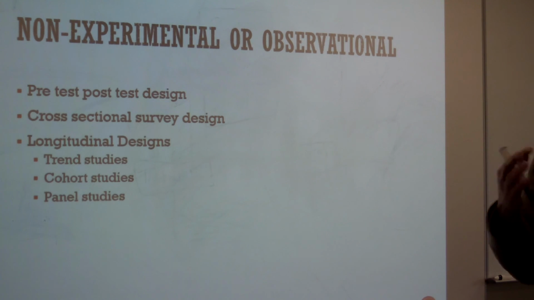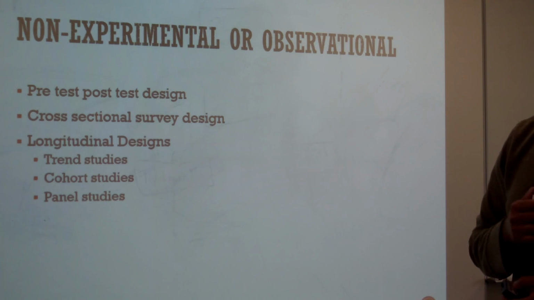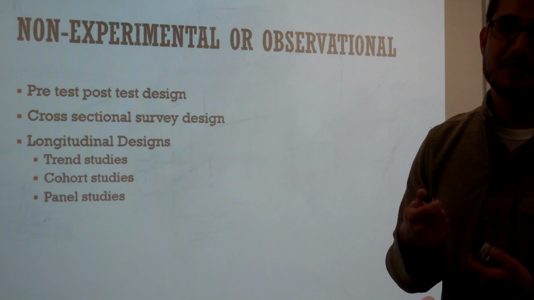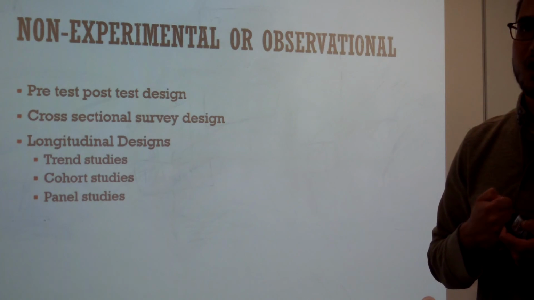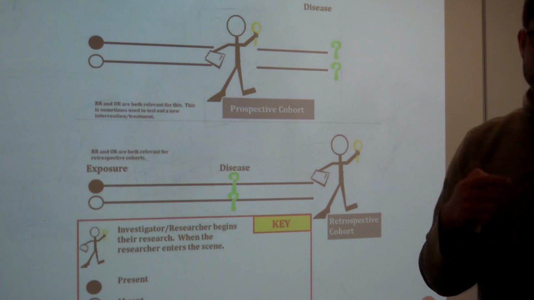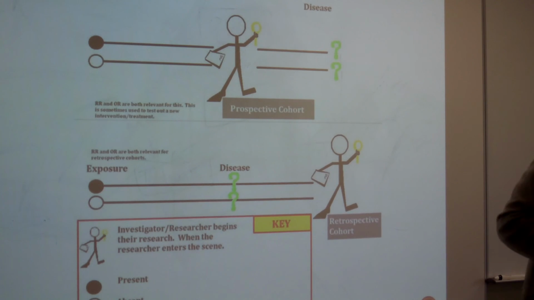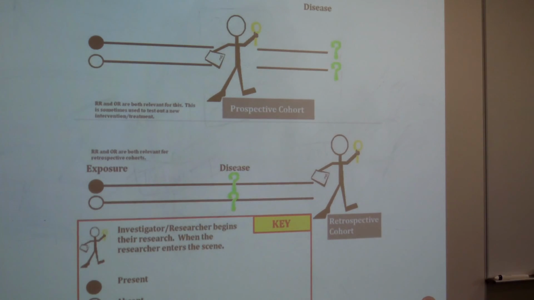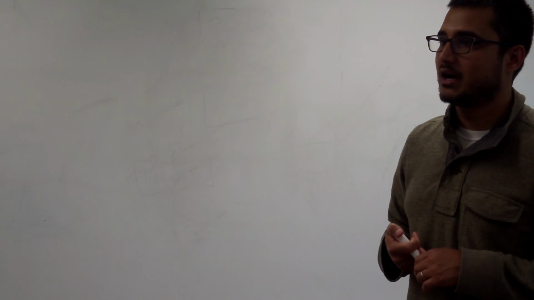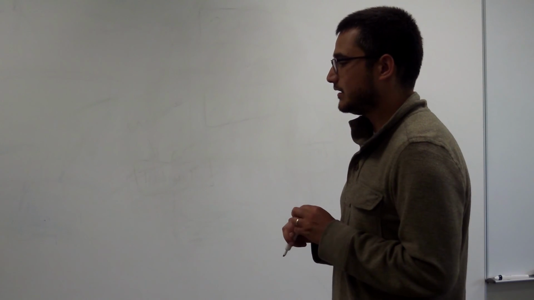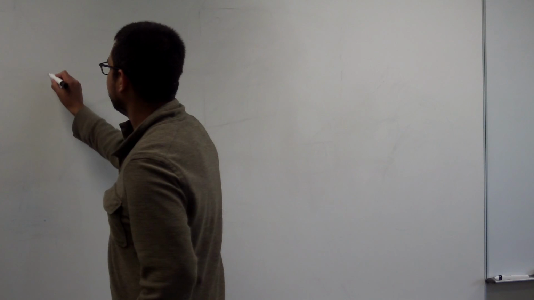And then cohort studies are probably the most popular one. Sometimes you cannot do an experiment, so cohort studies are also very strong when you cannot do an experiment. I was trying to give that example earlier about tobacco and cancer, right? In a cohort study, what you would do is find a group of people that are currently smokers.